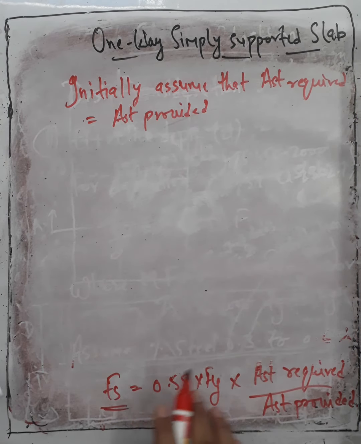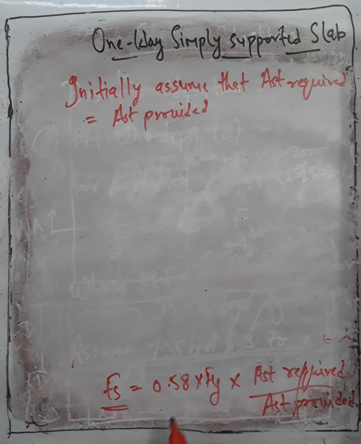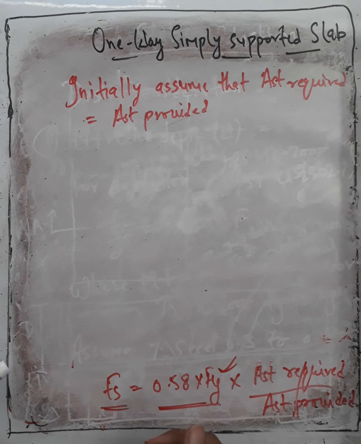If AST required is equal to AST provided, this part cancels out, and we have the remaining part, meaning the Fs value is totally dependent on Fy.